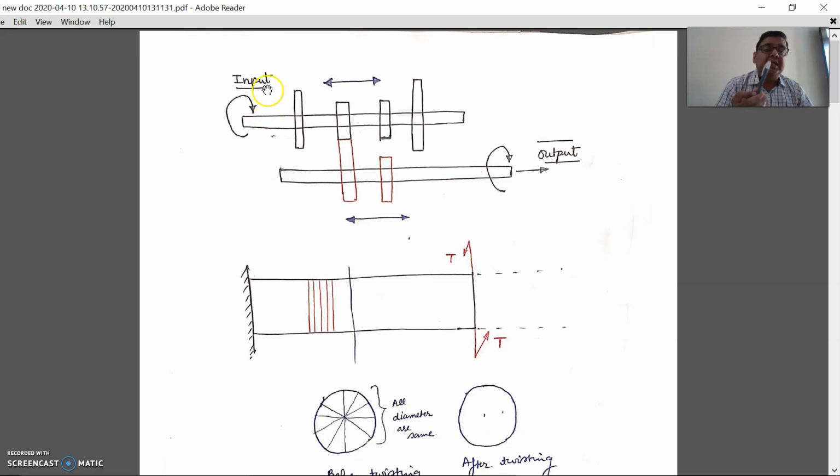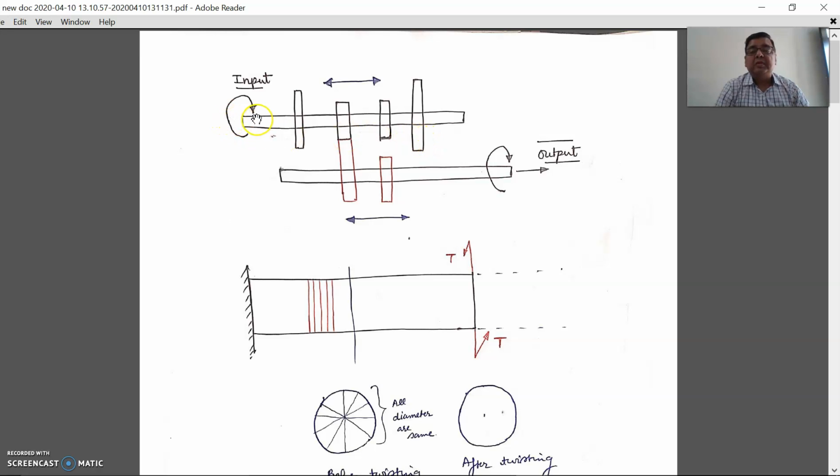So in this case, there are three different aspects which this shaft is undergoing. One is the torsion because of transmission, one is the end thrust because this shaft is fixed between two points, and another is the bending moment because of these four different gears and the weight of the shaft, right?